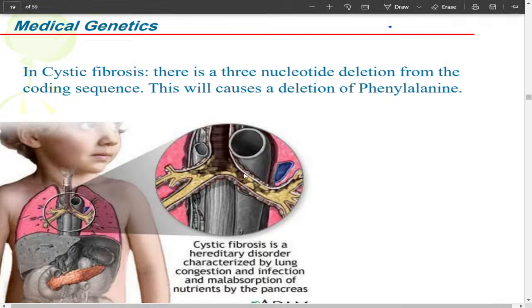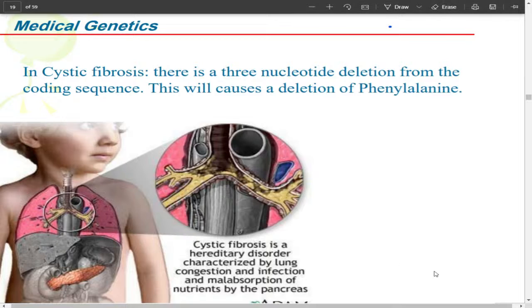This phenylalanine deletion is causing cystic fibrosis. So there are 3 nucleotide deletions from the coding sequence, causing deletion of phenylalanine.